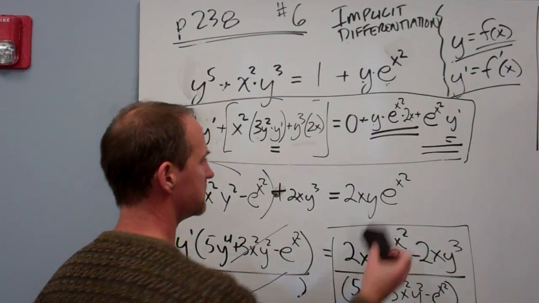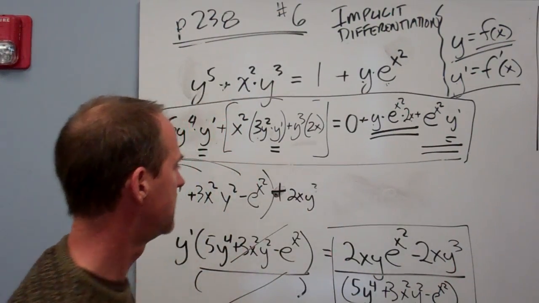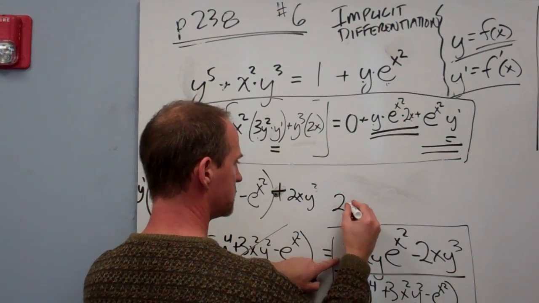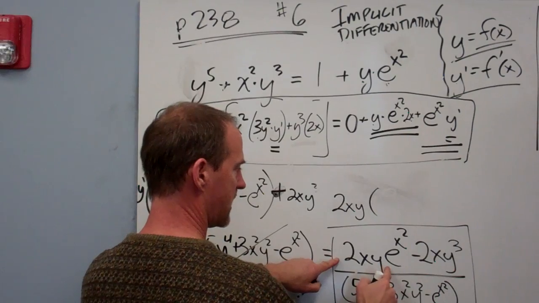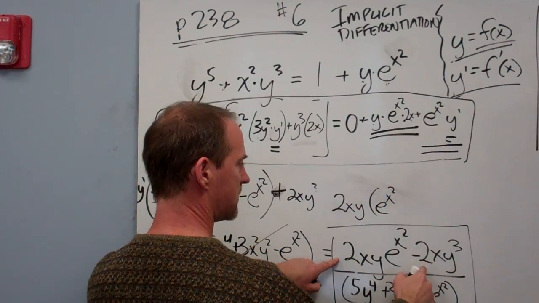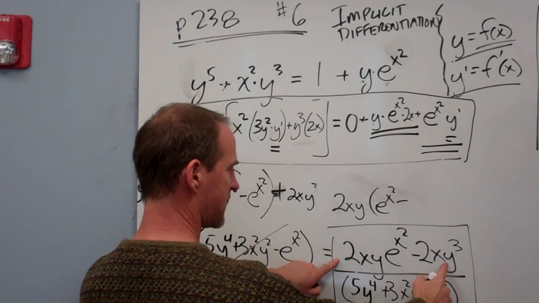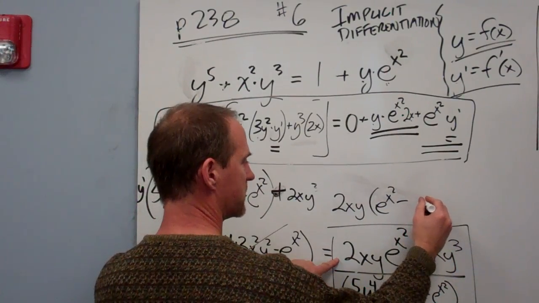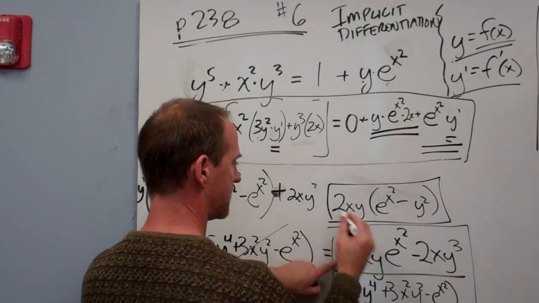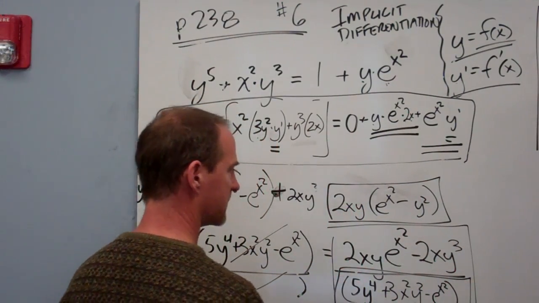I think I'm going to do it by working in reverse up above. This would become then 2xy, and inside is e to the x squared minus, when I take out a y, that goes down, so it becomes just y squared. So that's the numerator, and that's the denominator, all right?